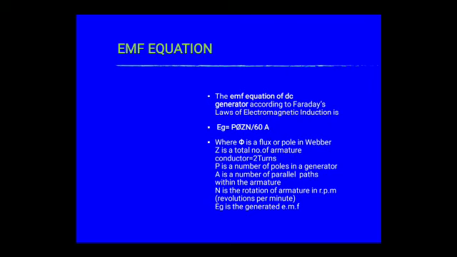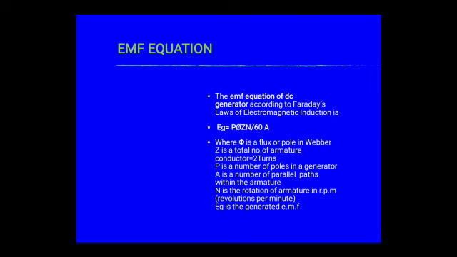Z is the total number of armature conductors, equal to 2 into the number of turns. P is the number of poles in a generator, which must be even. A is the number of parallel paths or parallel lanes within the armature.